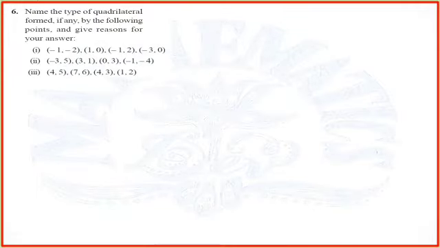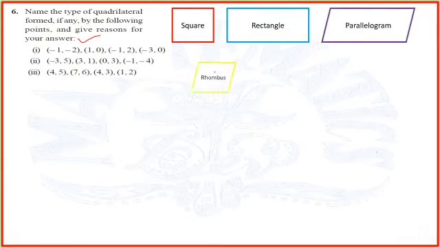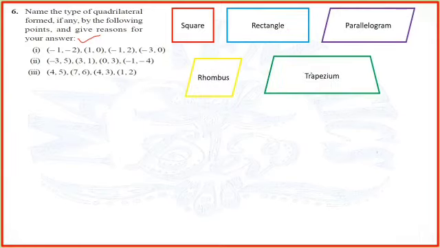Question number 6. Name the type of quadrilateral formed, if any, by the following points and give reason for your answer. You already know, I have explained that there are basically 5 types of quadrilateral. One is square, other one is rectangle, then the parallelogram, then rhombus, and lastly trapezium.